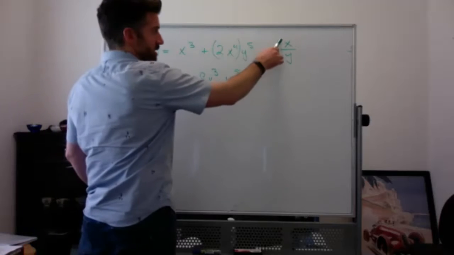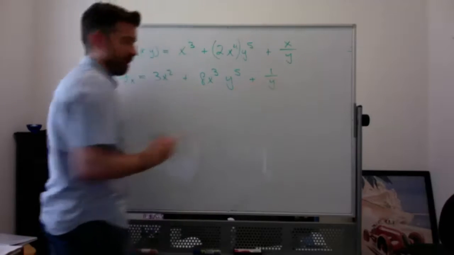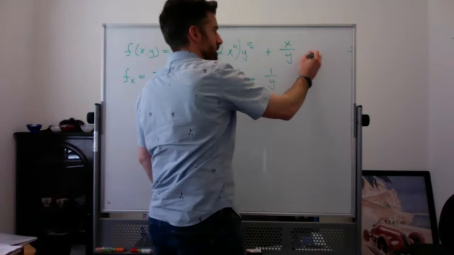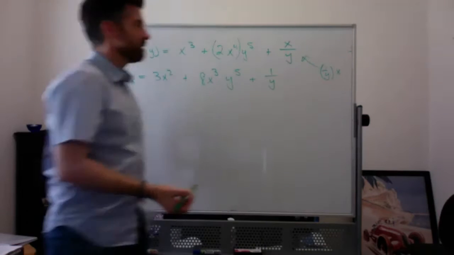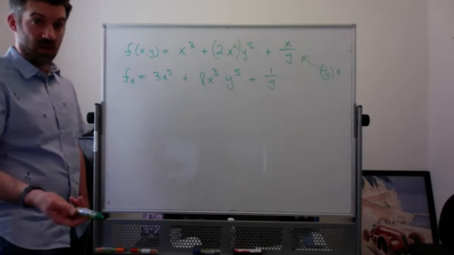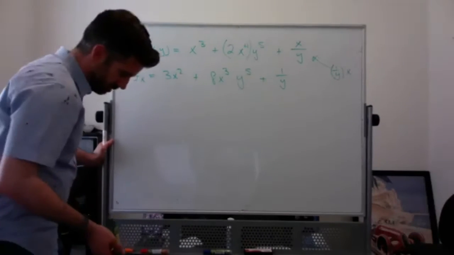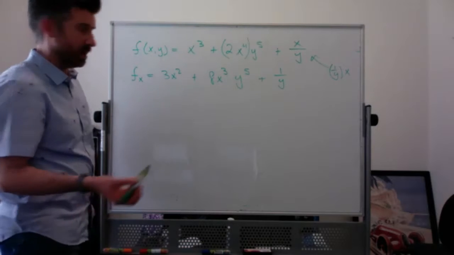And the derivative of x divided by a constant is 1 divided by that constant. I'm really thinking of this as 1 over y times x. So the derivative of a constant times x is just the constant times 1. So, great, there's our partial with respect to x.